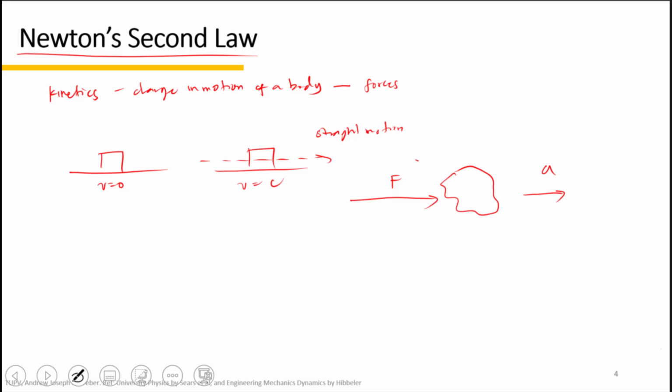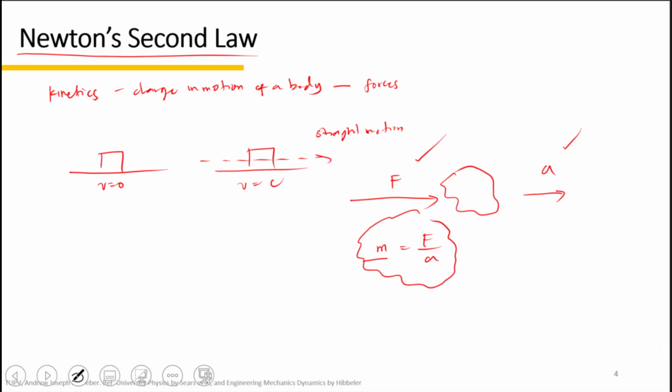By measuring the force that you have applied and the acceleration that it receives, if you divide the force by the acceleration, it will result in a positive scalar m, which is called the mass of a body or the mass of an object. This is one way of verifying Newton's second law.